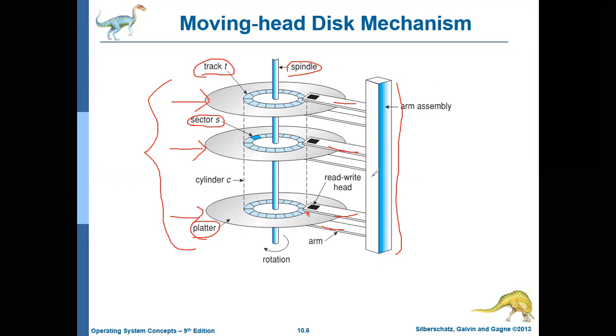What you have is an arm assembly, and the arm assembly is connected with multiple arms. At the end of the arm you have the head, and then there is a spindle which holds all the platters, and these platters are logically divided into tracks, and each track is further divided into segments called sectors.